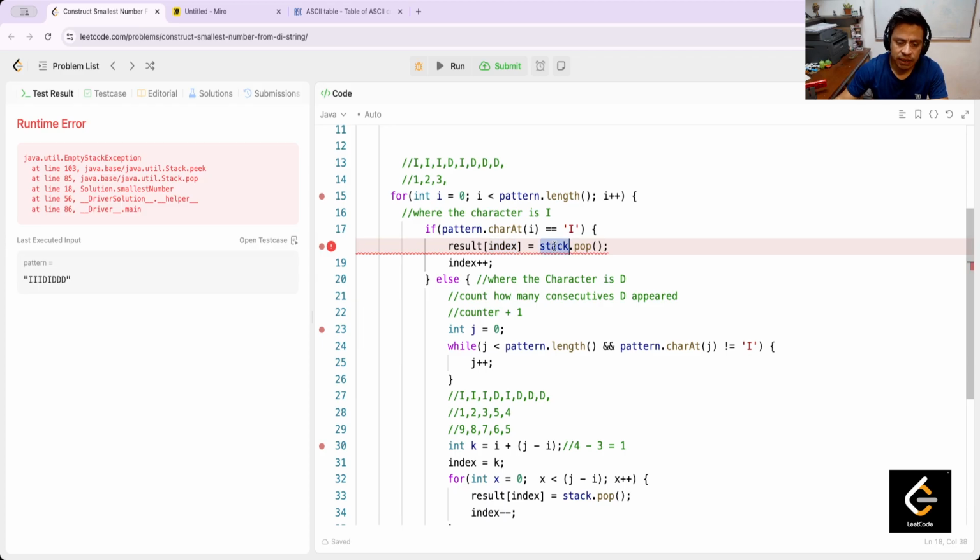The stack is empty. The token can be empty, or n index, it means that result length.